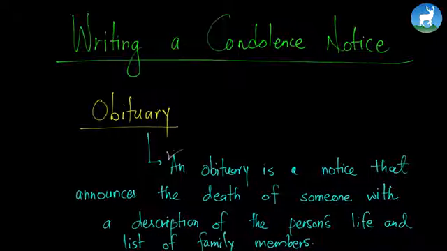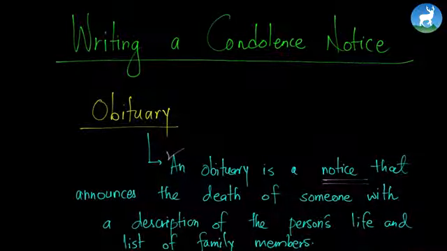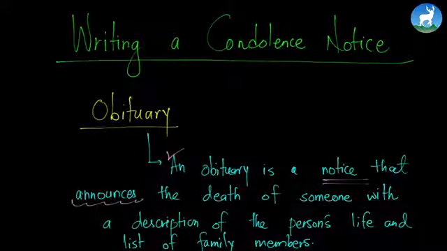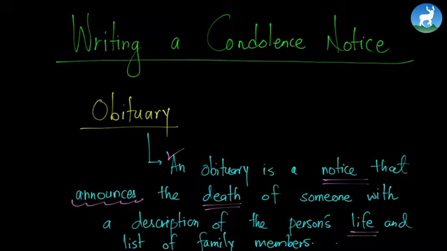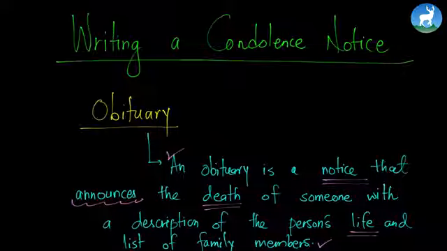So what is it? It is a notice that announces the death of someone with a description of a person's life and about his inherent qualities, with a list of family members in the end. So that is an obituary. And in this class, we are going to learn how to write a nice obituary. So what to write in newspaper obituaries, death notices, and funeral obituaries, those things we'll learn in this class.